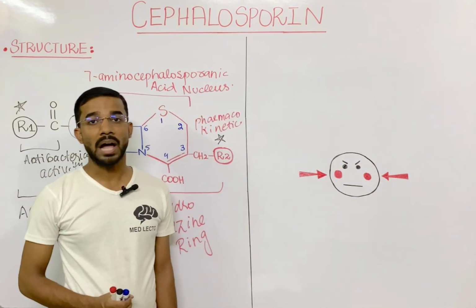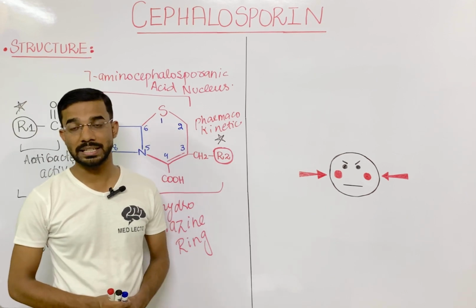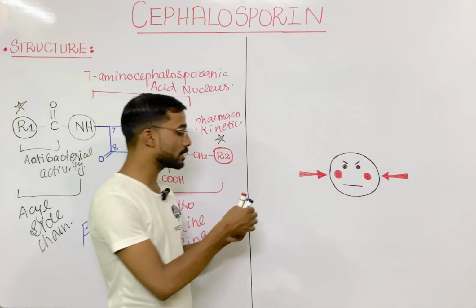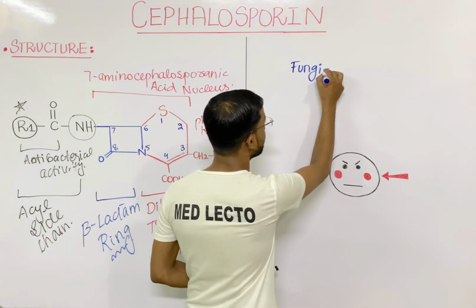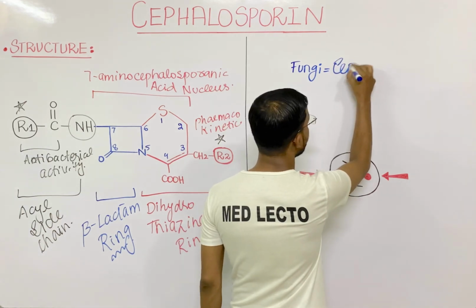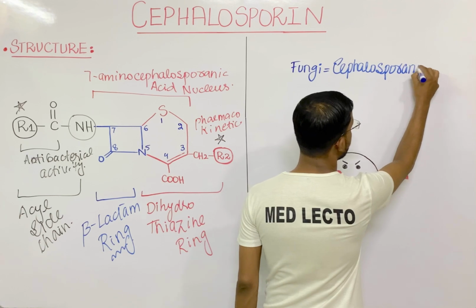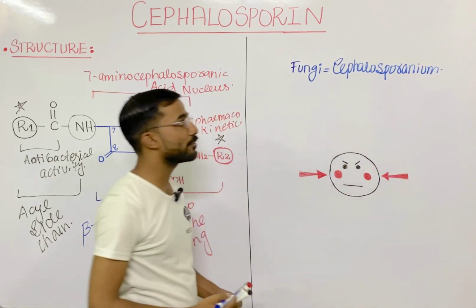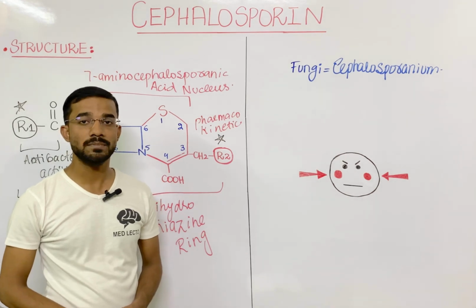Now let's see how cephalosporin is produced, or how we can get the cephalosporin. We get the cephalosporin from a fungus, which is Cephalosporium. Cephalosporium is the mold through which we get the cephalosporin.